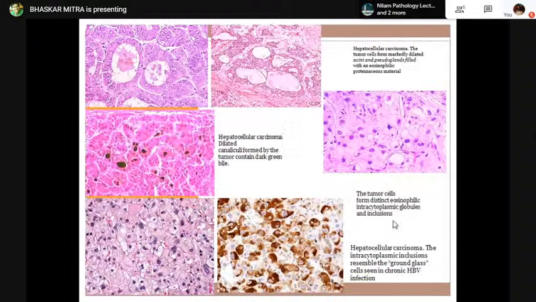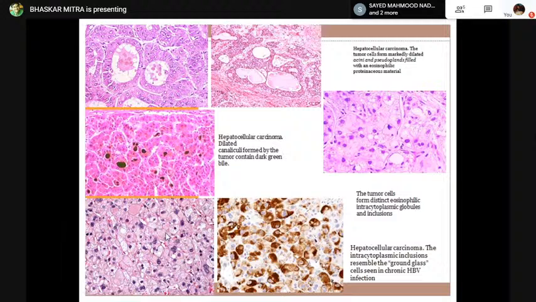Now, these are the different patterns. The glandular architecture, hepatocellular carcinoma, eosinophilic cytoplasm, the more pleomorphic glands, presence of bile, sometimes they are dark green bile somewhere. Sometimes it shows eosinophilic, a bit of steatotic changes in those cases. Intracytoplasmic globules may be there.